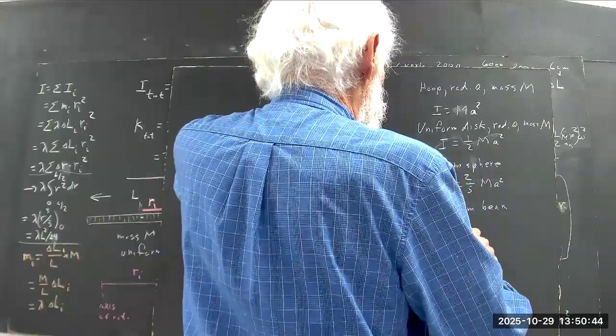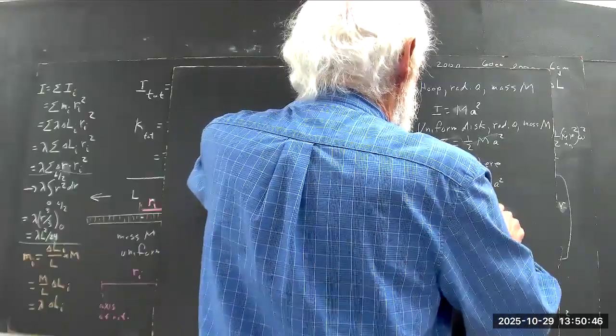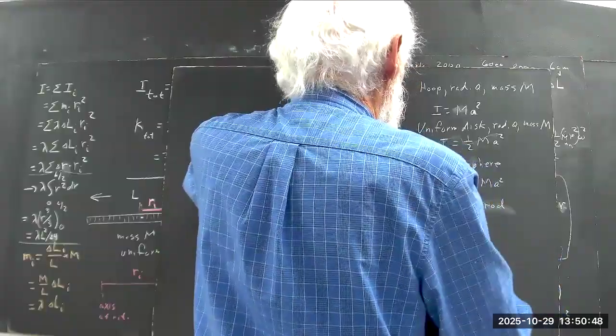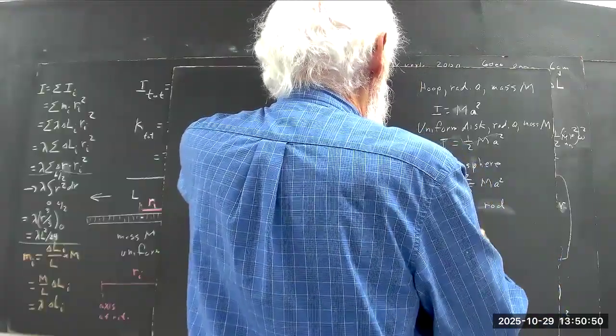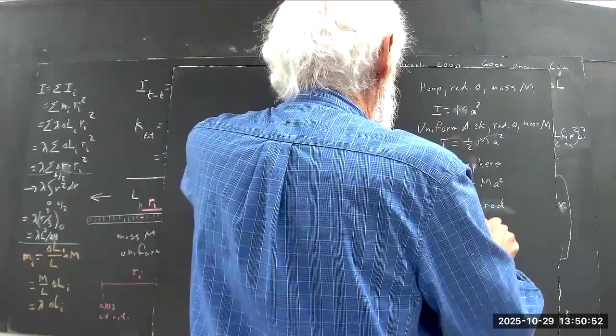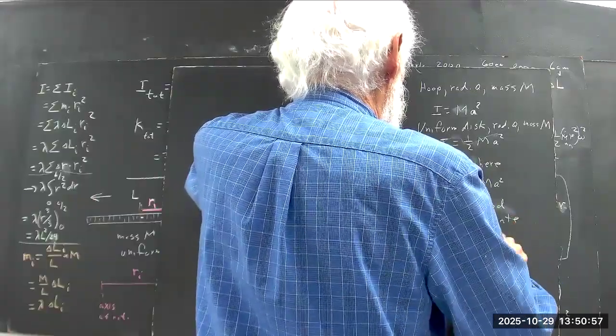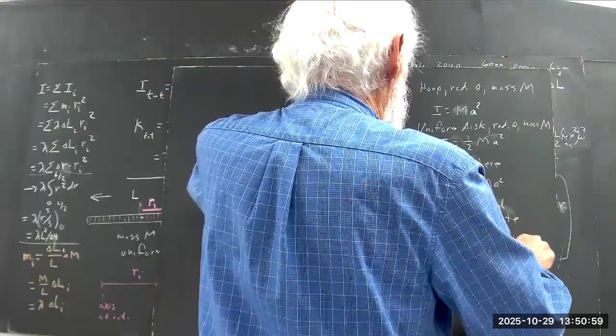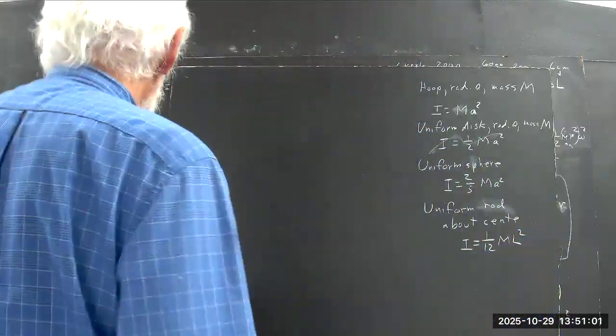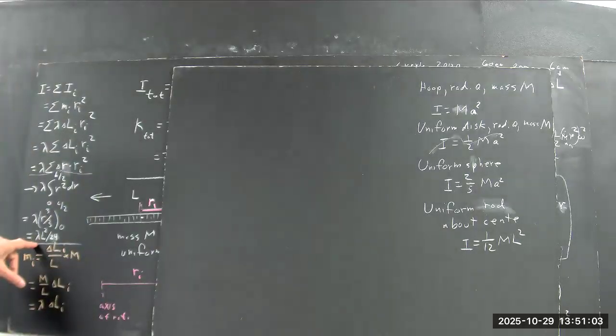A uniform beam, a rod, about the center, your I is 1/12 M L squared.